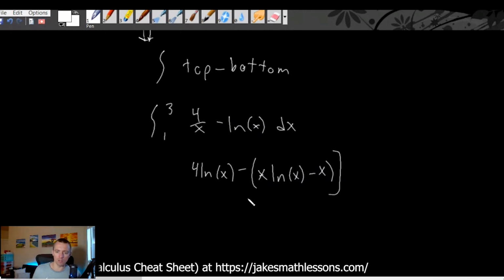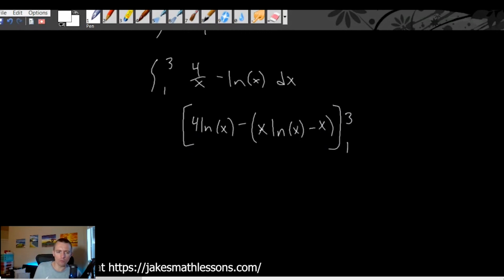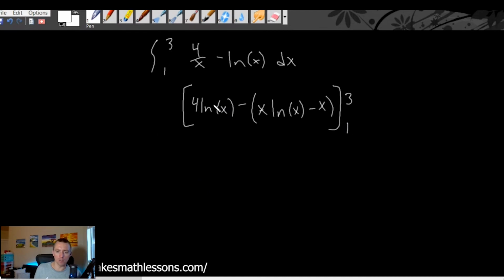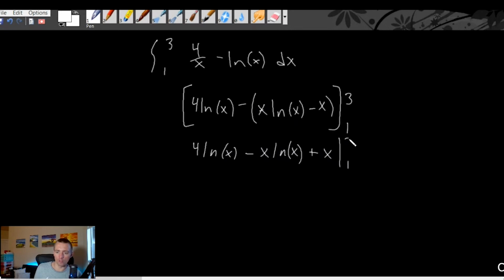So now that we've integrated that, we can evaluate that from 1 to 3. Before evaluating, I'm going to simplify this by distributing our negative sign. So we're going to get 4 ln of x minus x ln of x plus x from 1 to 3. To evaluate this, we plug in 3.